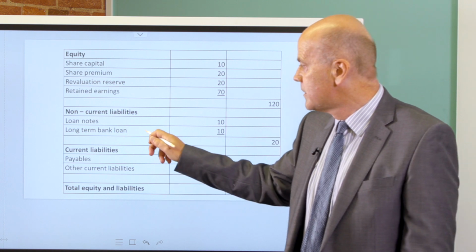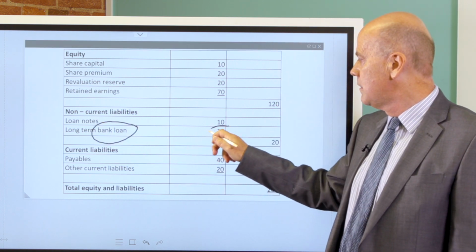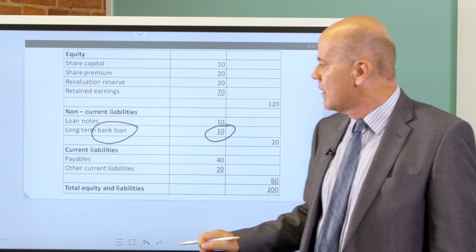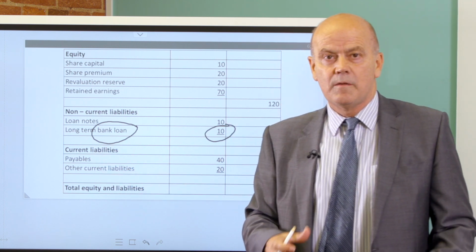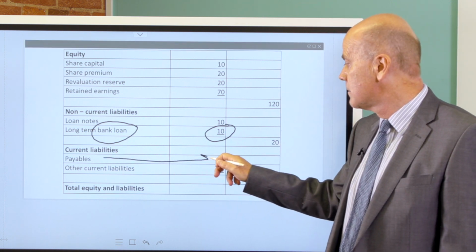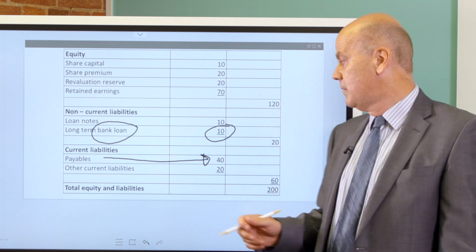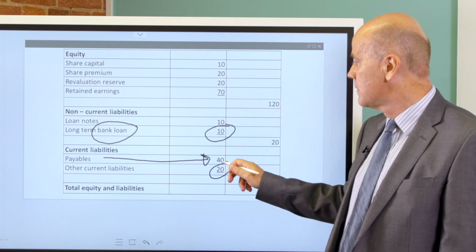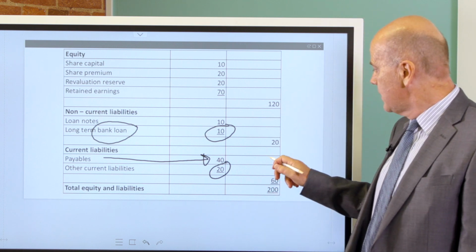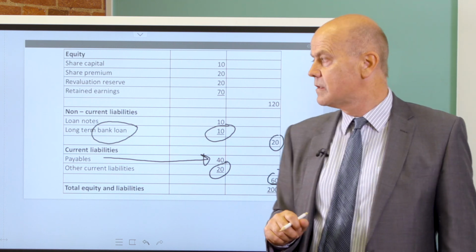Long-term would be something like a long-term bank loan. We have $10 million here. And then short-term could be payables. That's bills that we need to pay the suppliers. And other short-term, other current liabilities, $20 million. So these are the totals here, 60 and 20 for the liabilities.